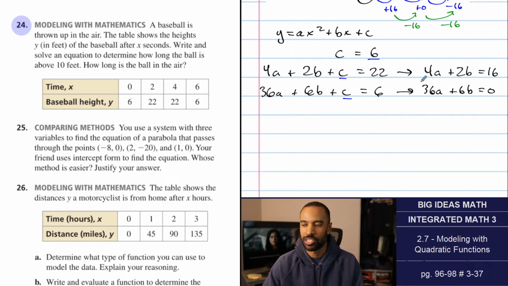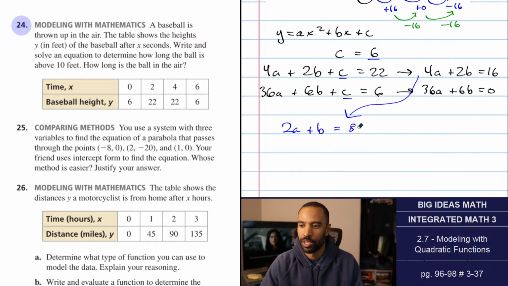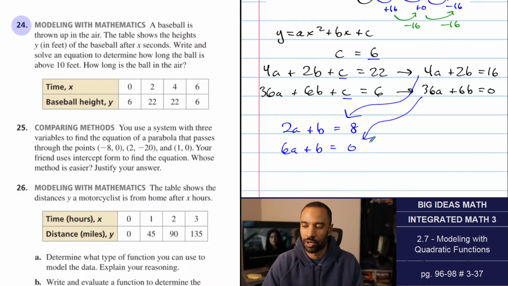Now I'm very intent on making these even smaller than they are right now. I can divide all of these by 2 and get 2a plus b equals 8. You've seen me do that a lot before. And over here I can divide both by 6 and get 6a plus b equals 0.